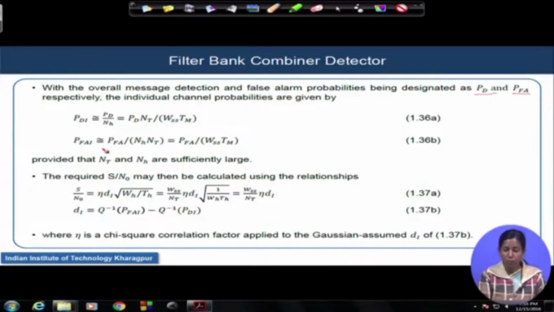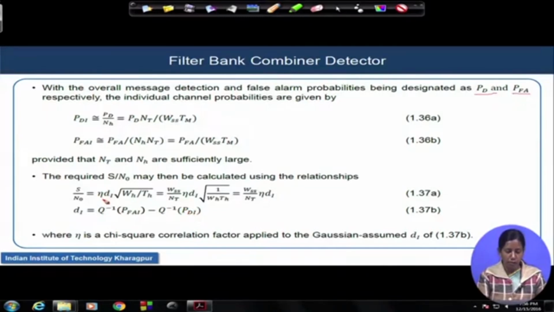This approximation holds good if your NH and NT are sufficiently large, very large. The required signal to noise ratio in such a situation, when NT and NH are really very large, can be developed as a relation like this, equation 1.37, where DI is the independent channel D value, that is the difference between the inverse Q function of the independent channel false alarm probability and that of the detection probability.